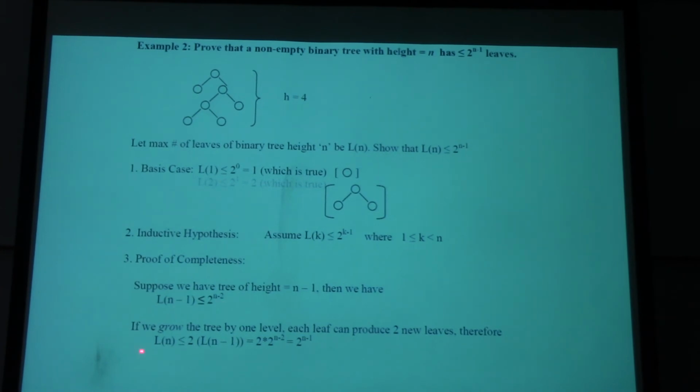Therefore, L of n, if each of the leaves produces 2, then we'll have 2 leaves for every one of the 2 to the n minus 2 leaves. So it's going to be 2 times the maximum number of leaves at n minus 1 height, which will be 2 times 2 to the n minus 2, which is 2 to the n minus 1. And there's the proof. So now we're showing this, showing here. Any questions?